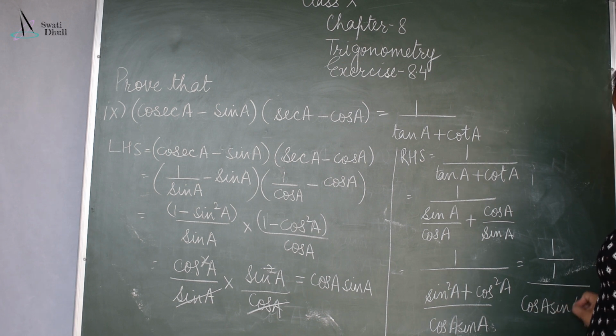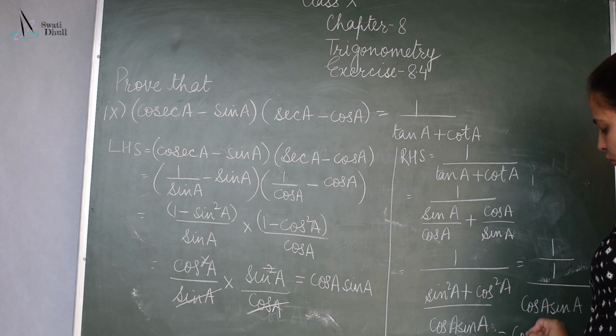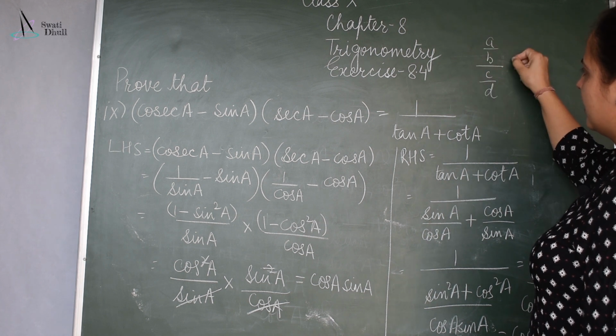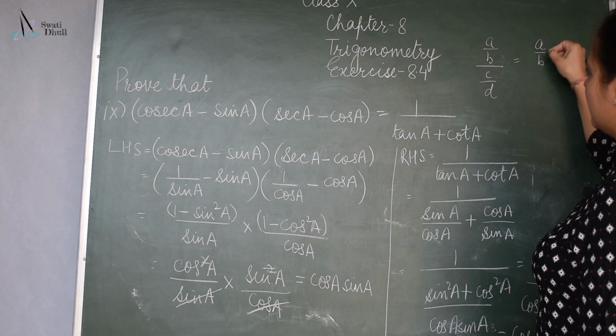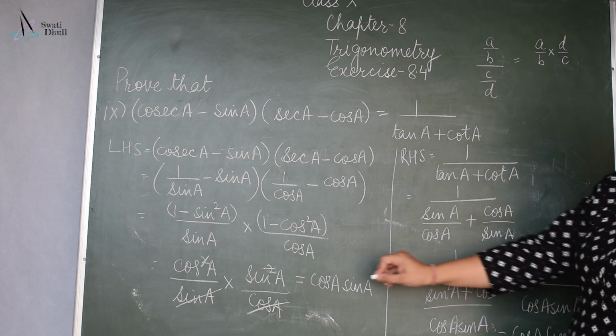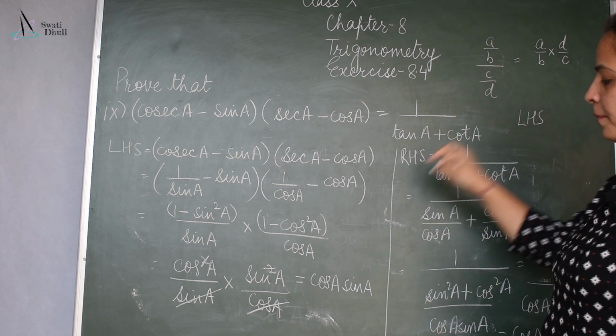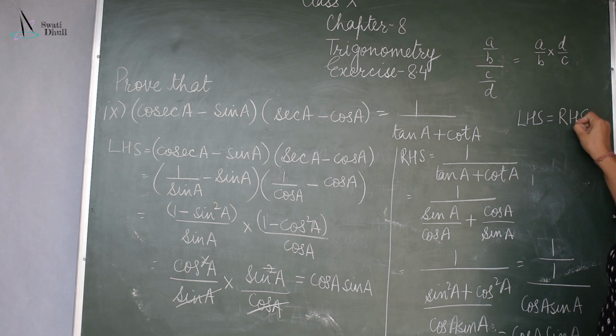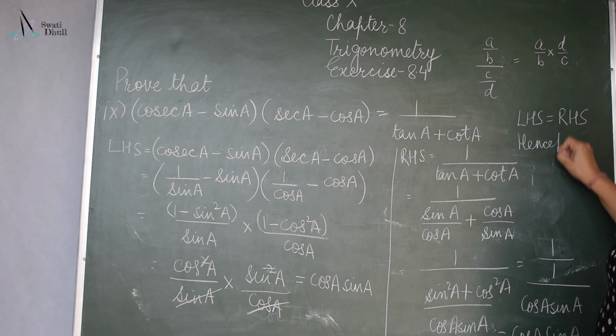So that is equal to cos A into sine A, because A by B divided by C by D means A by B into D by C. So same I have done. 1 means 1 upon 1, so this will be gone in the numerator, so cos A into sine A. So see here, LHS is also sine A cos A. Similarly, right hand side also you have got cos A sine A, so LHS is equal to RHS, hence proved.